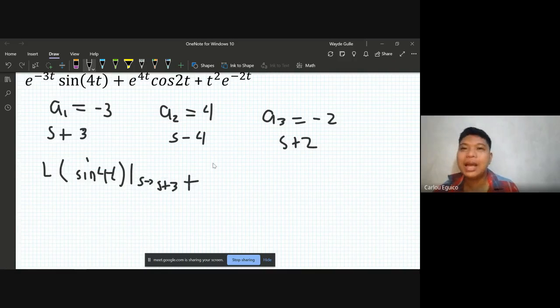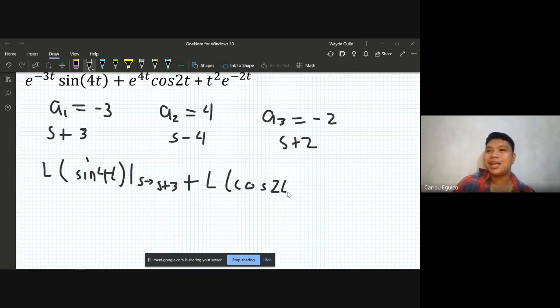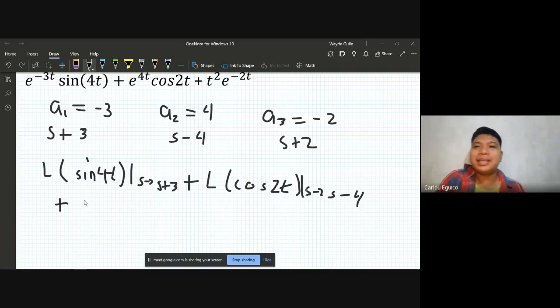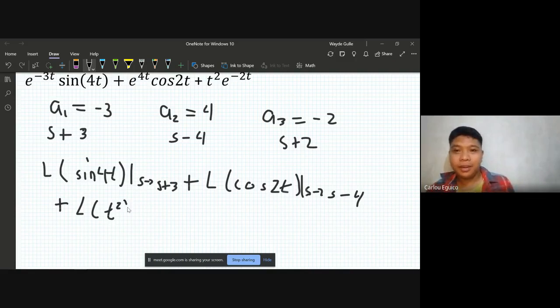Next, plus the Laplace transform of cosine 2t, parallel s minus 4. Plus the Laplace transform of t squared, parallel s plus 2.